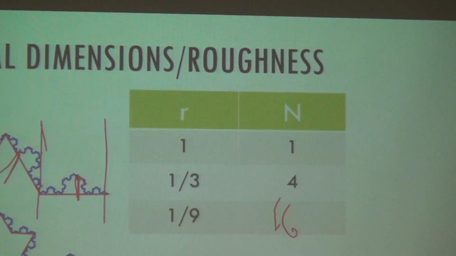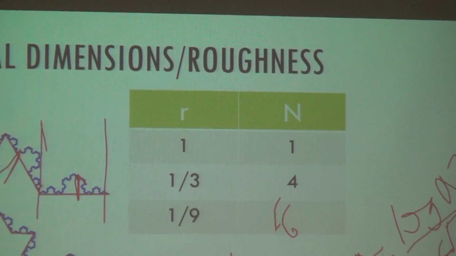And we want to calculate D. Okay? So how can we solve for D? We apply log, right? So D is equivalent to log of N all over log of 1 over R. Okay?